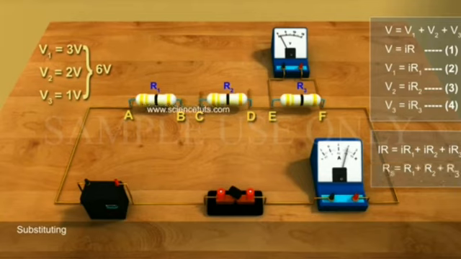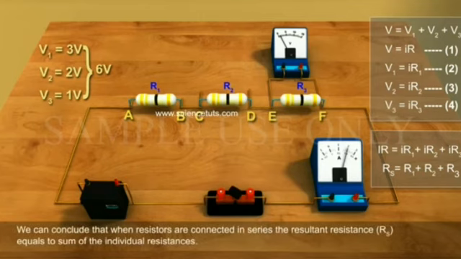Taking I common, you will get IR is equal to I into R1 plus R2 plus R3. Cancelling I, you will get RS is equal to R1 plus R2 plus R3. That is, when resistors are connected in series, the resultant resistance is equal to the sum of the individual resistances.